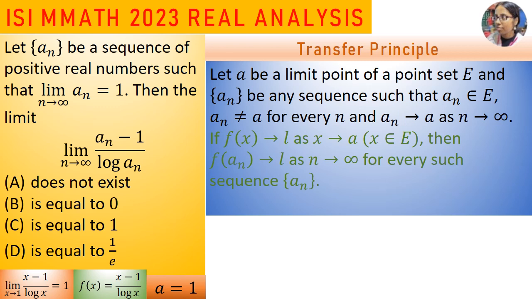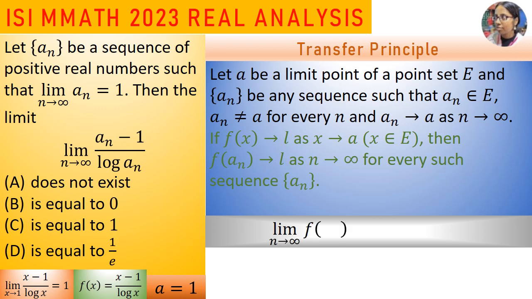And the limit as n tends to infinity of a_n equals a, and f(x) goes to 1 as x tends to a, then by the transfer principle the limit as n tends to infinity of f(a_n) is equal to the limit as x tends to 1 of f(x), which is equal to 1.